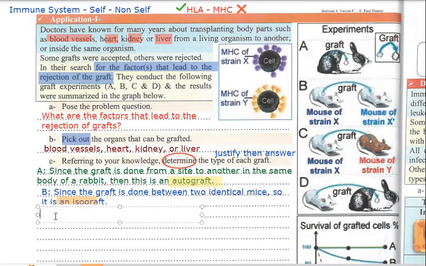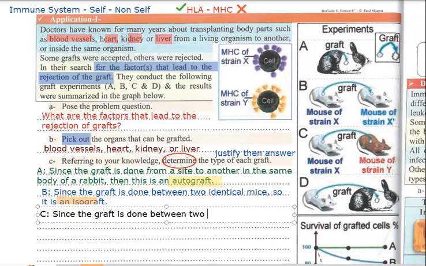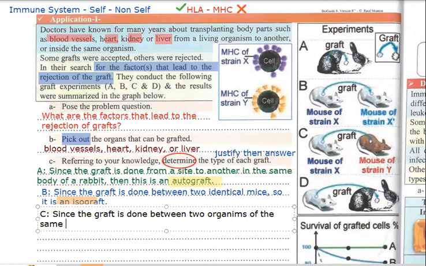We are still talking about mice, but they are different now, different bodies. So in C, since the graft is done between two organisms of the same species, or you can say between two different mice.